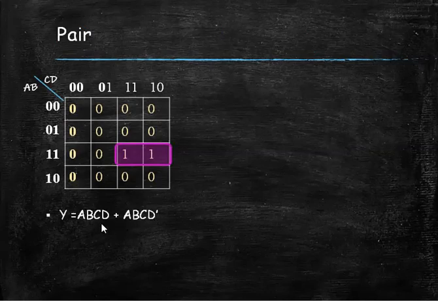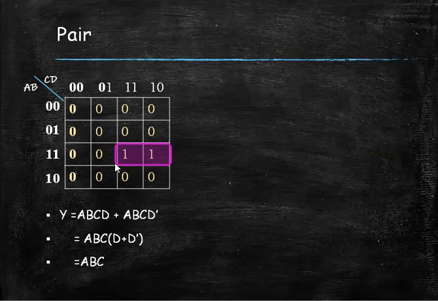Using Boolean algebra, we can take A, B, C common outside and write ABC into D or D bar. We know that D or D bar is equal to 1. Then the result is ABC.